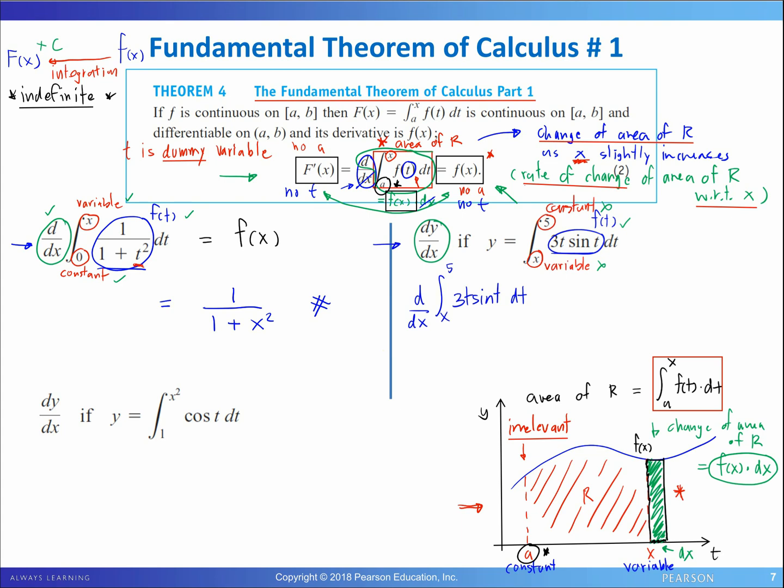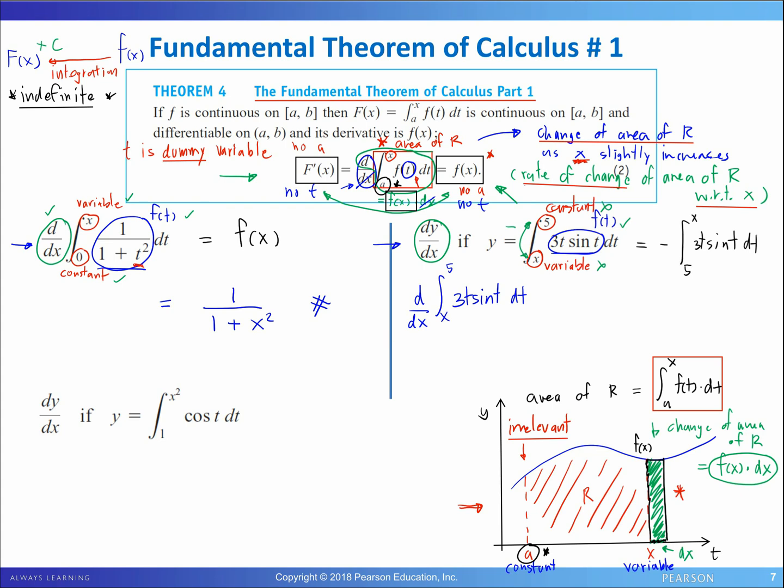It seems to me that the order of the starting point and the endpoint is the opposite here. What about we swap them? Move x to be up here, and then move 5 to be down here. But as you know, if we do this, we are going to get a minus sign at the front, which means that this is going to be equal to minus the same integral, 3t sine t dt, and now 5 is moved down here, and then x goes up here.